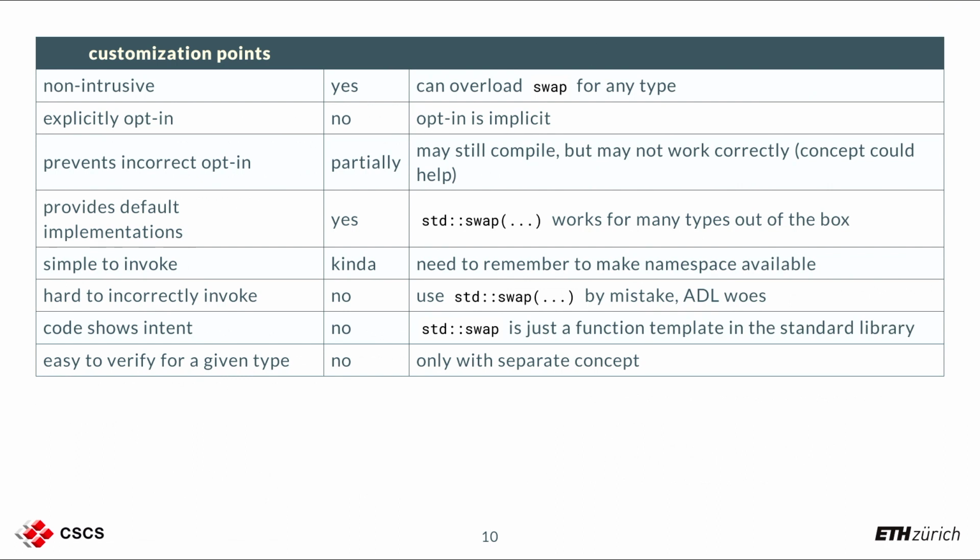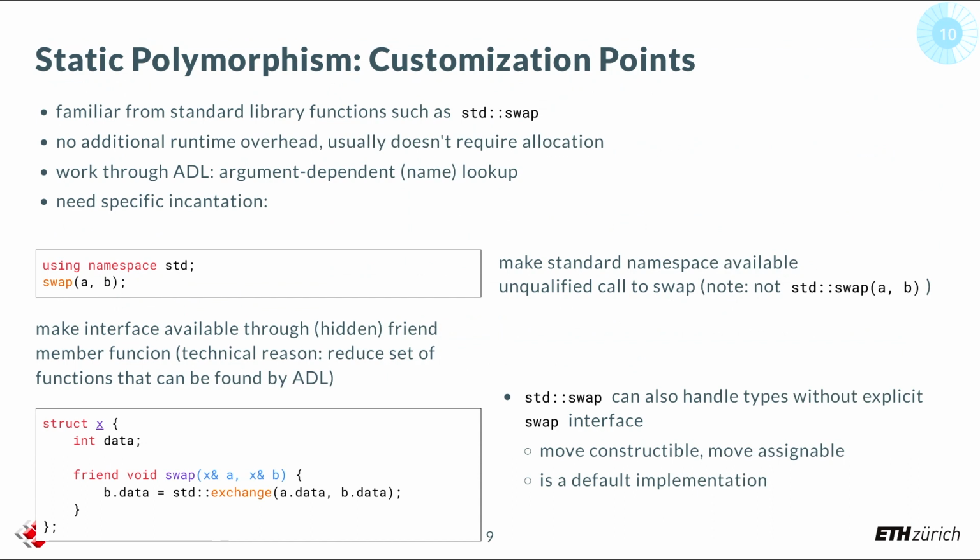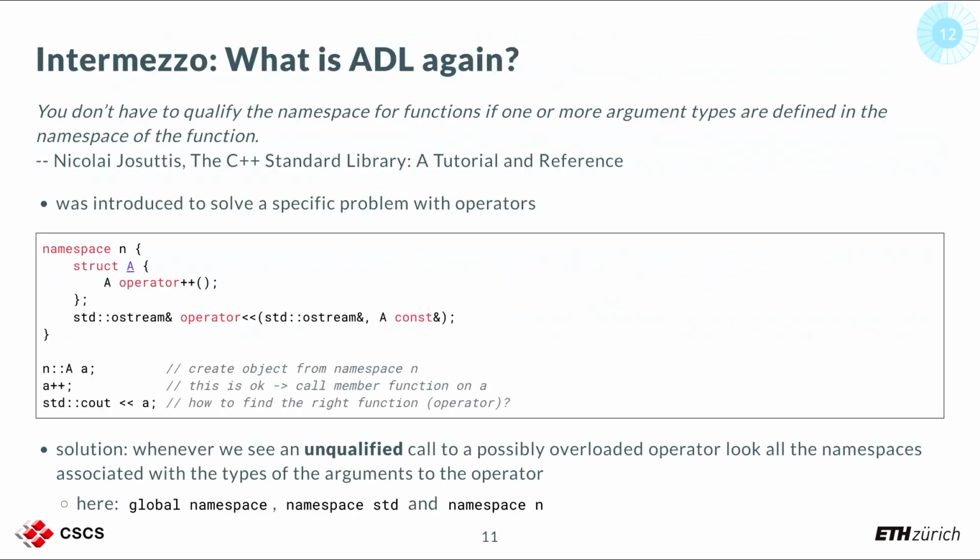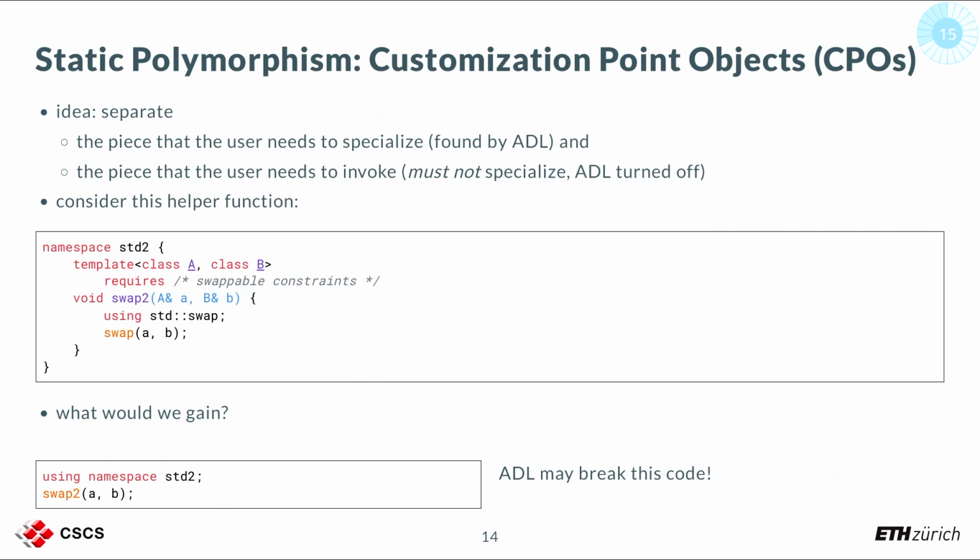So verification of the type is not easy to do in this way, because we're just deferring to the ADL found function here, and there's no way for us to do any checks here. But we can improve that situation with something called CPOs, customization point objects, and that's also the title of this talk, so I'll go into some detail here.